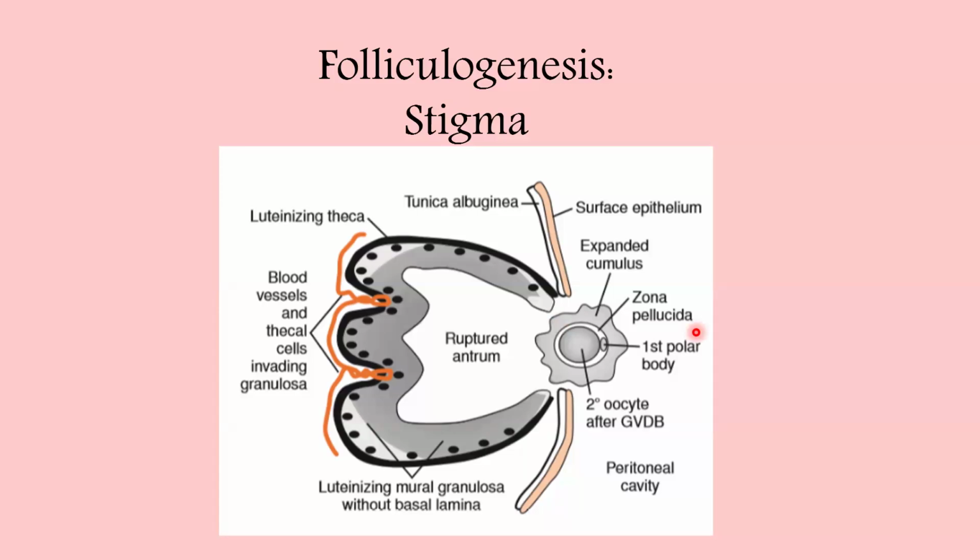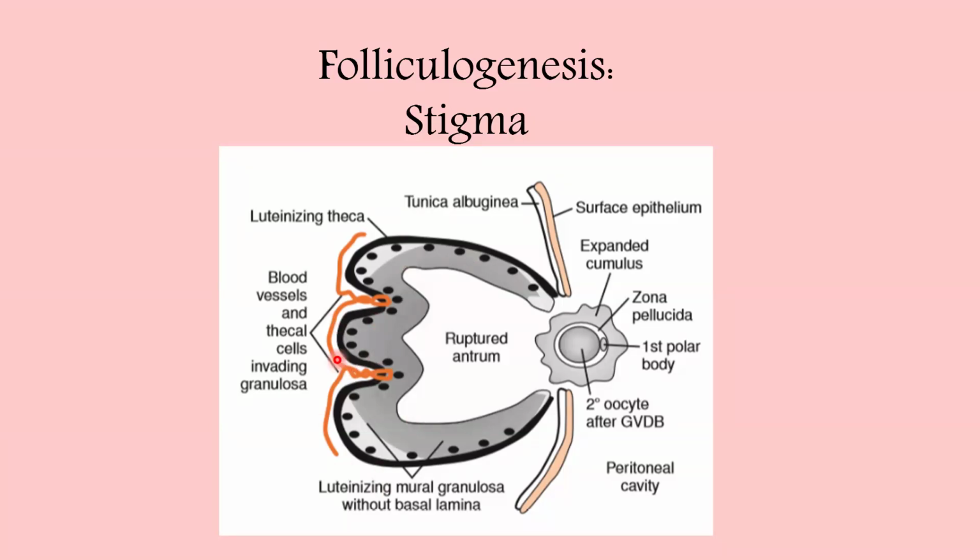So remember when I said that LH did a third thing? It luteinizes theca cells and it forms the corpus luteum. How does it do that? The black line over here, these are the theca cells. The gray area over here, these are the granulosa cells. And the orange line over here, these are the blood vessels.